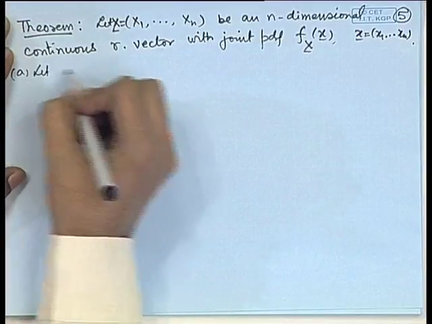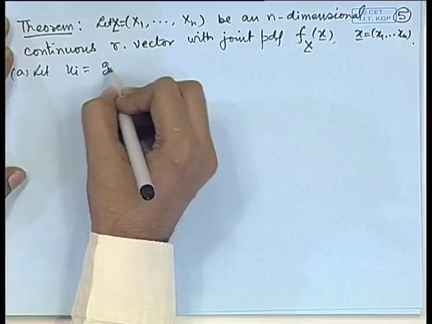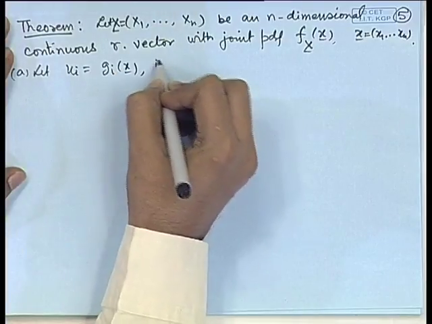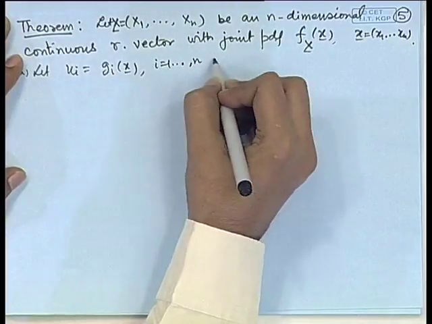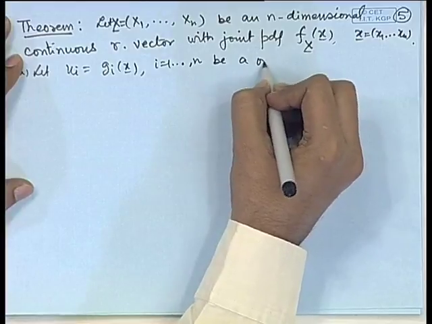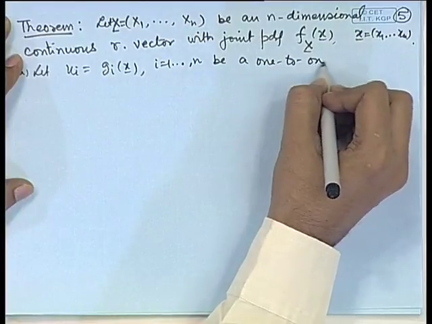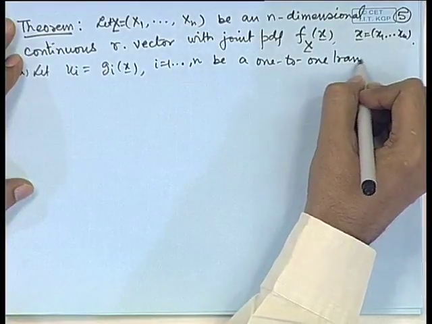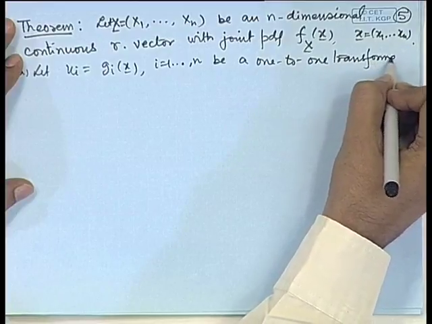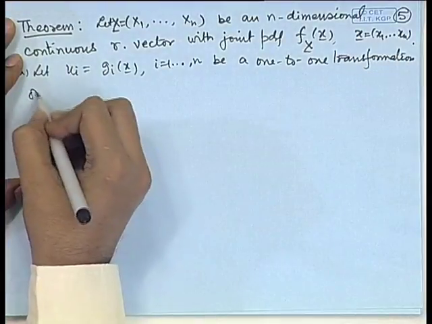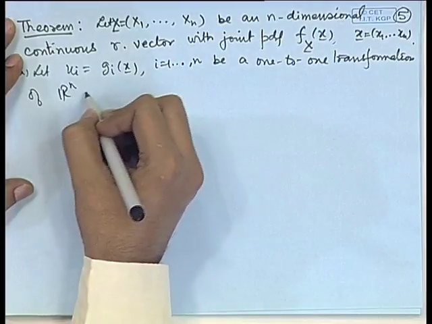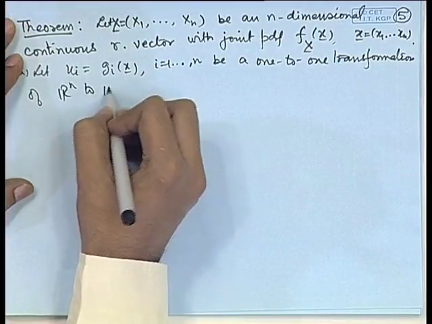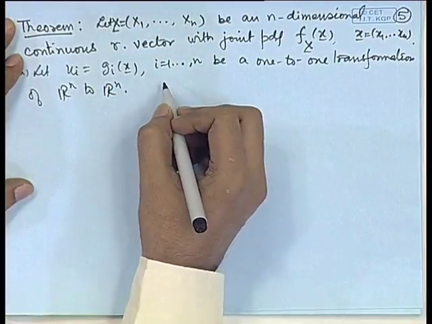Let Ui = gi(X), i = 1 to n, be a 1-to-1 transformation of R^n to R^n.